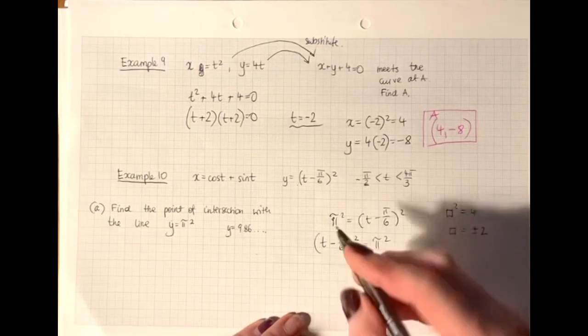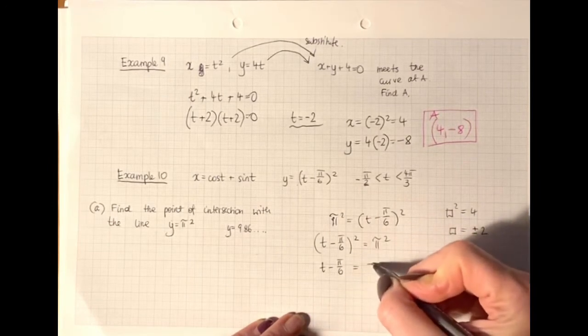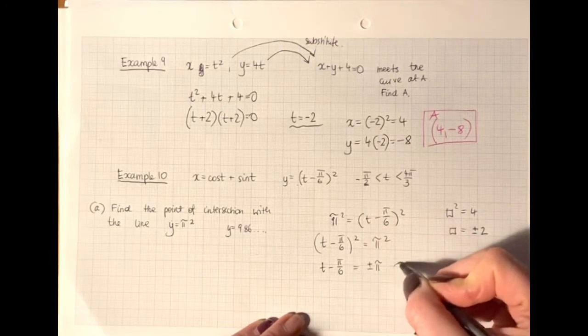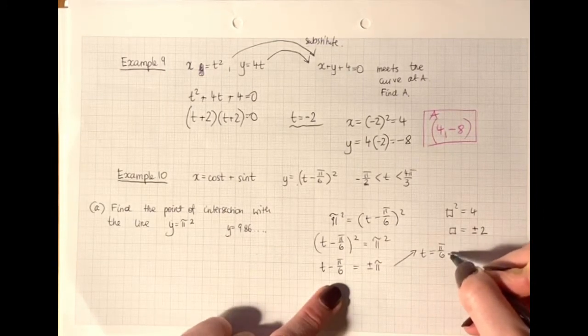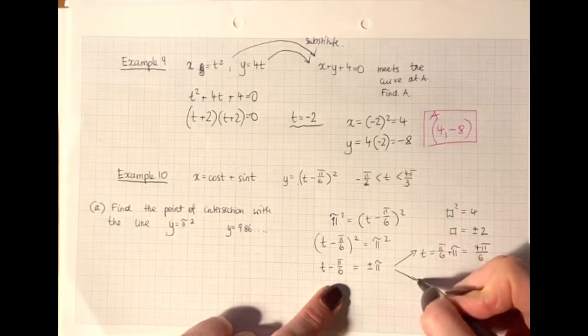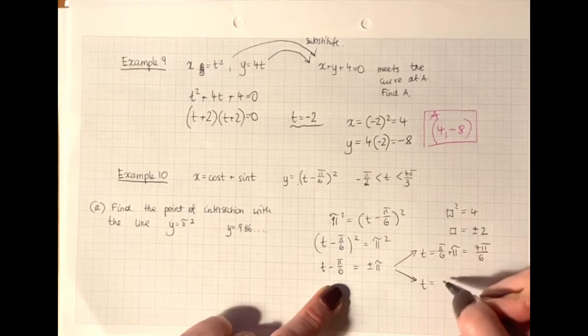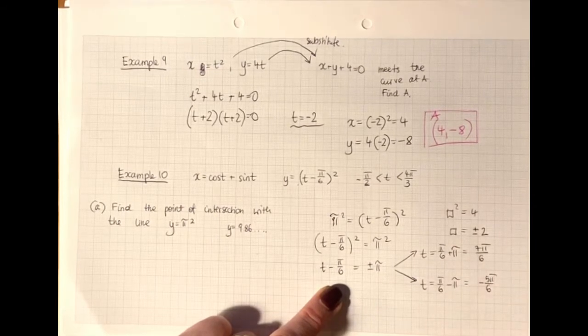So you've got t minus pi over 6 could be equal to plus or minus pi, giving us t is equal to pi over 6 plus pi as one possible value of t, and t is equal to pi over 6 minus pi. This gives me minus 5 pi over 6.